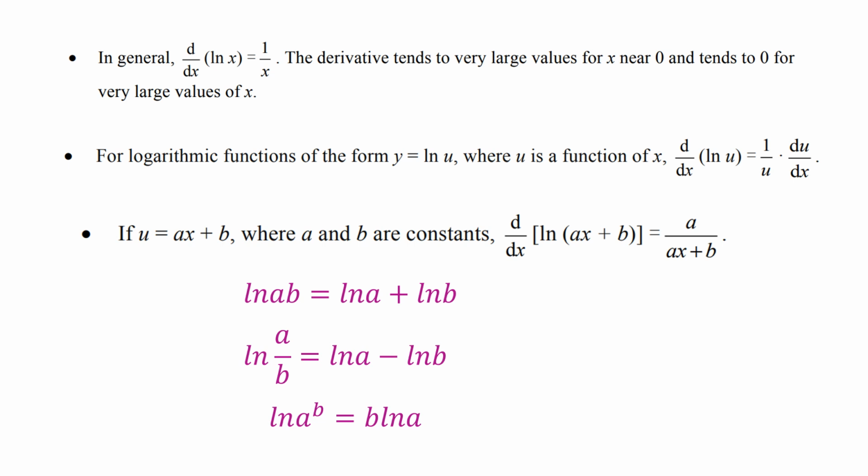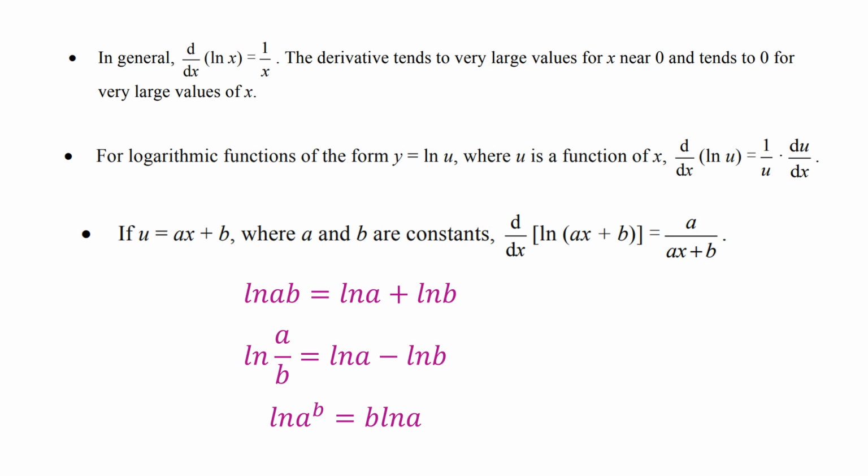Right, so for logarithmic functions, if you're asked to differentiate y equals ln x, it will be just 1 over x. If it's ln u, it's basically just differentiating, just getting 1 over u, then times du over dx.